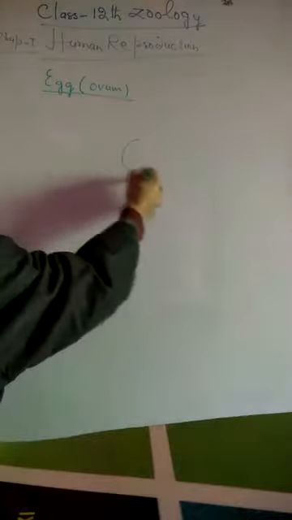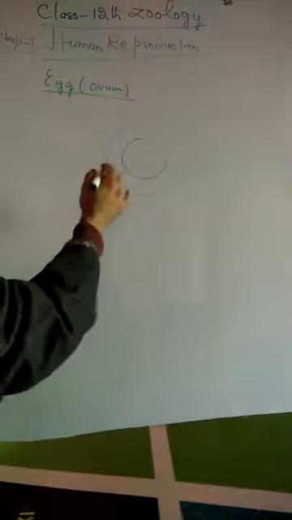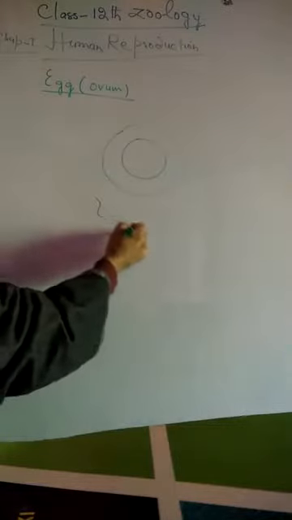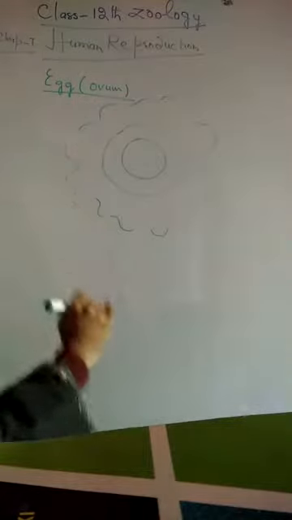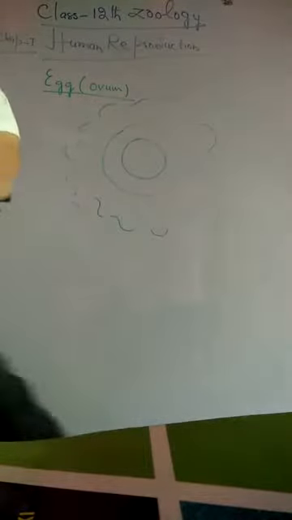So far as the structure of the egg in human beings is concerned, the human egg is oval in shape.